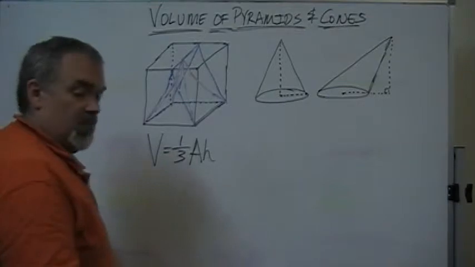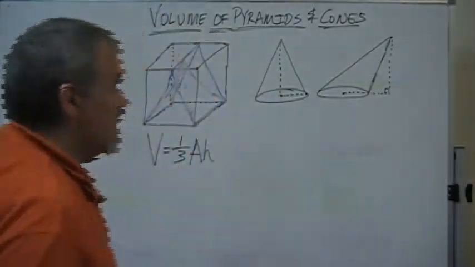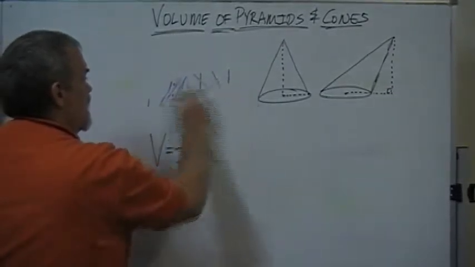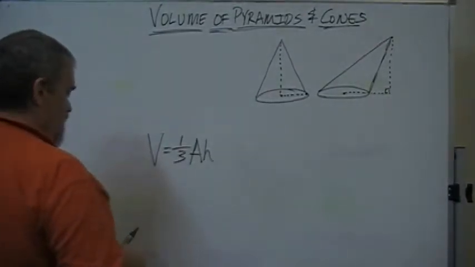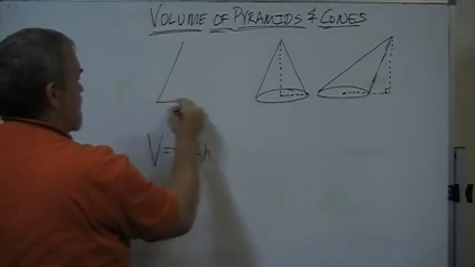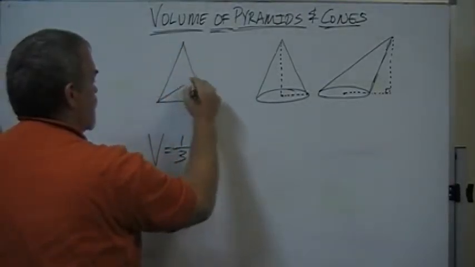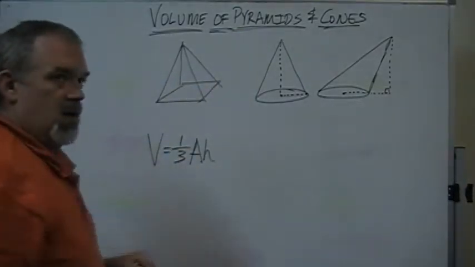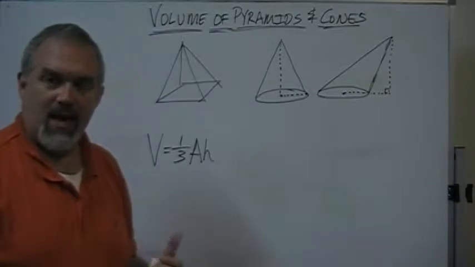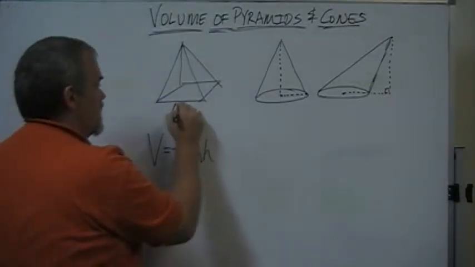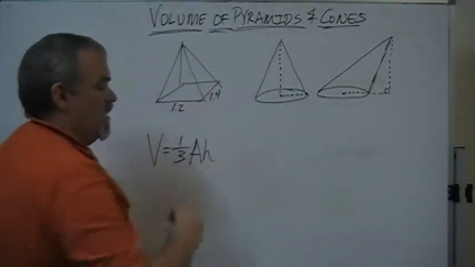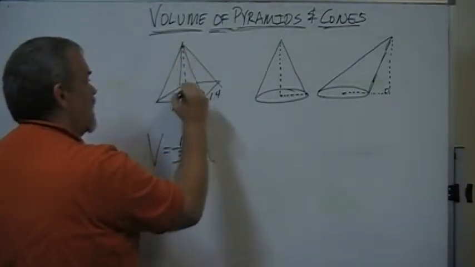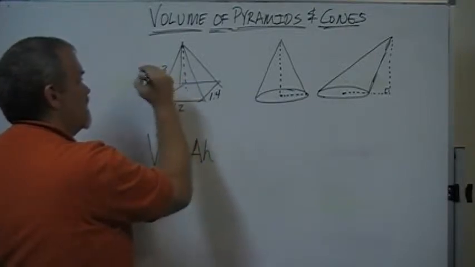So, for example, if we were to get rid of my rather complicated drawing here, and actually draw ourselves just a regular pyramid. And let's say that we had a pyramid that was 1.2 along this side, 1.4 along this side, and the height of our pyramid was 1.3.